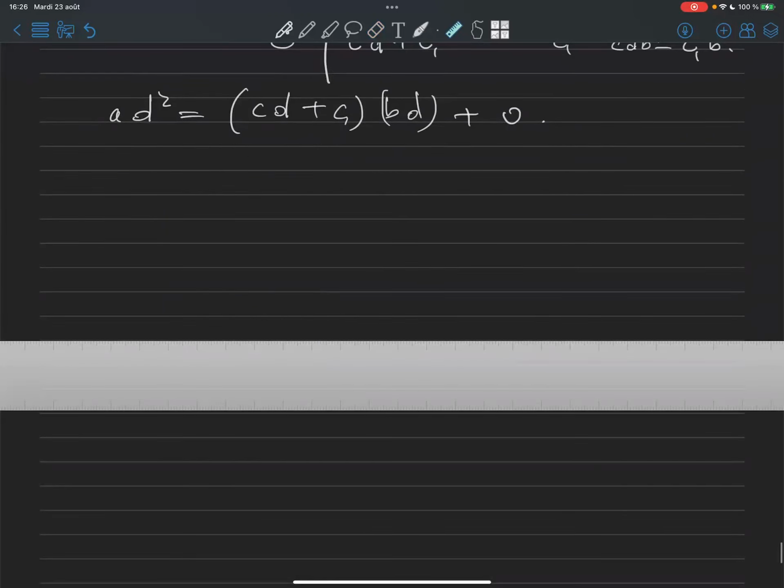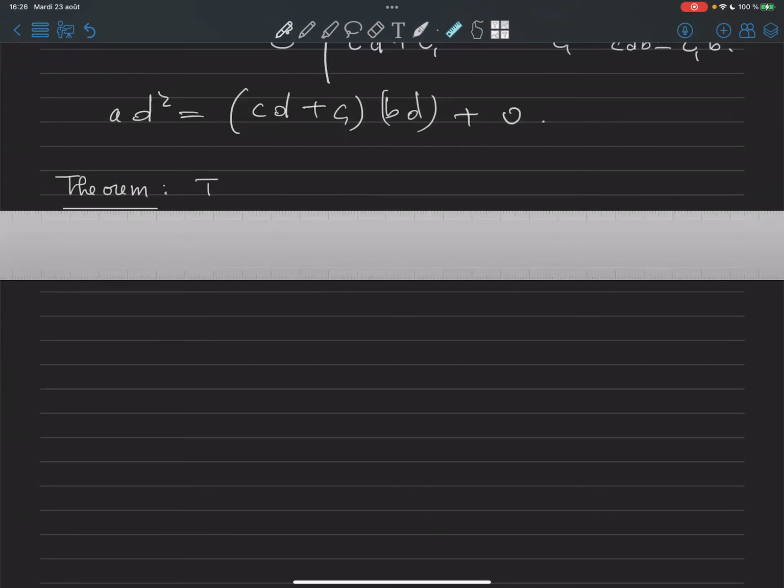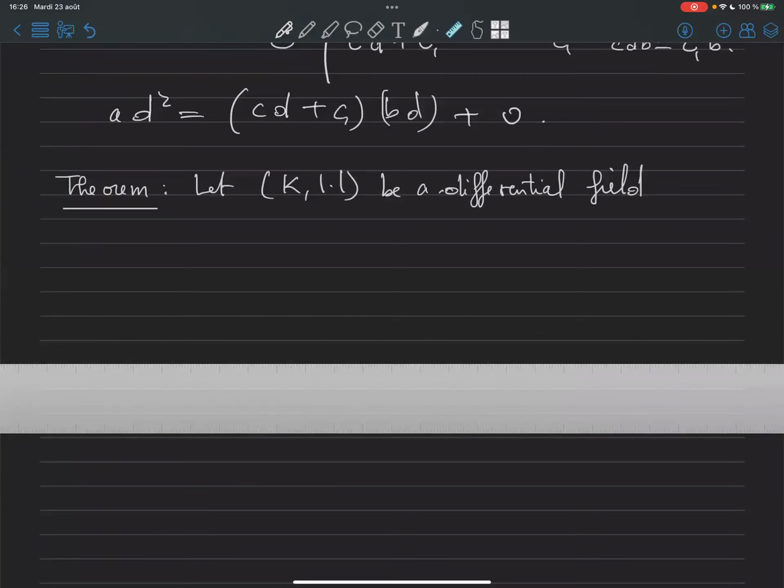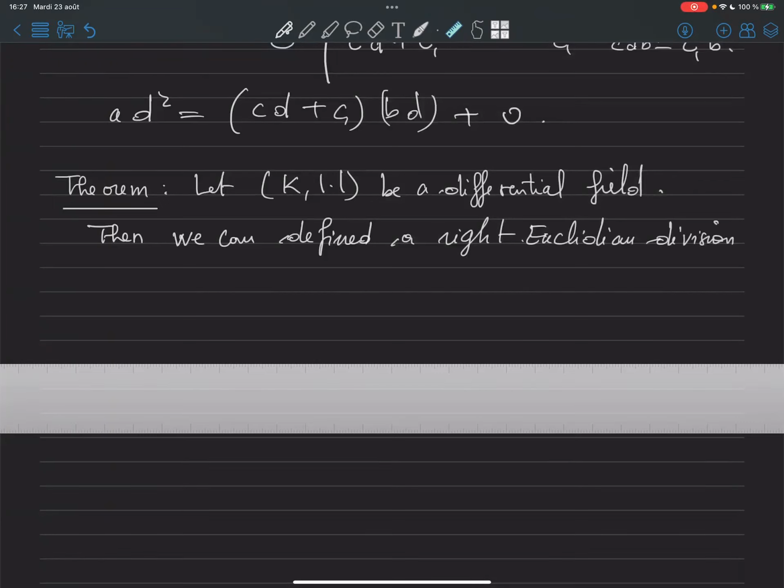Then we can define the right Euclidean division.